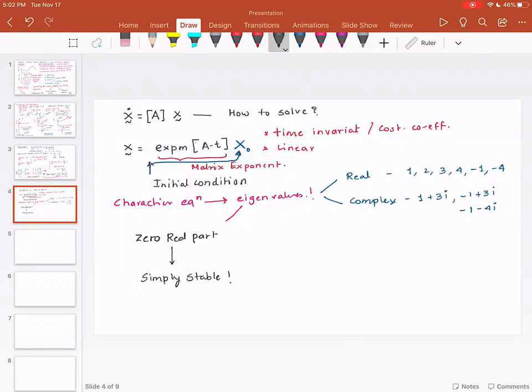So if the eigenvalues have zero real part, the system is simply stable. If the eigenvalues have negative real part, then the system is asymptotically stable. And if the eigenvalues have positive real parts, the system is unstable.